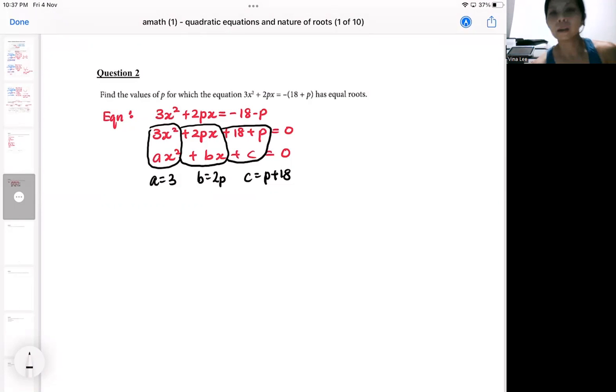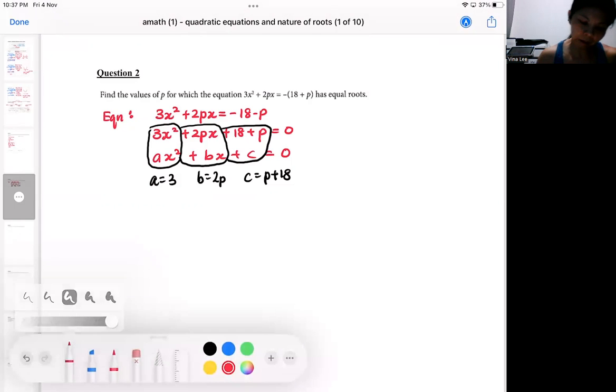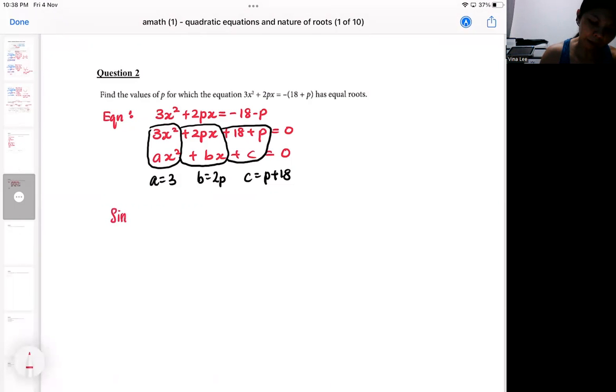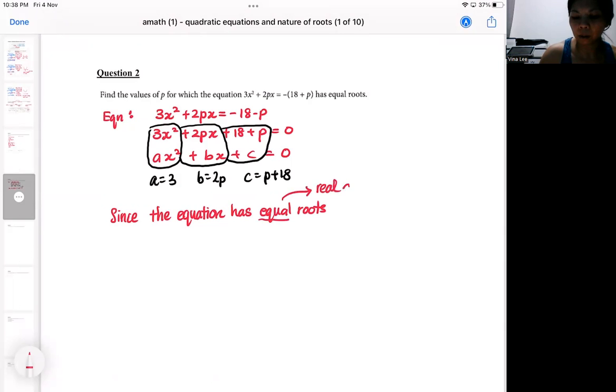So what is the idea of equal roots? Now we have to apply the theory. Since the equation has equal roots, go back to the example. Equal roots is as good as the category of real and equal, where the 2 roots actually become equal.